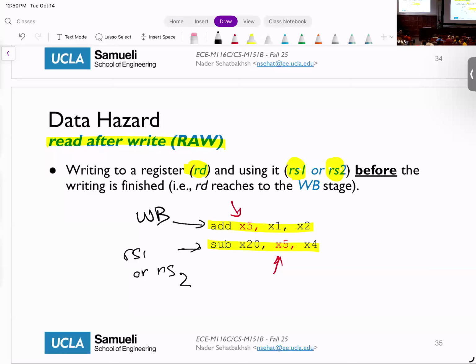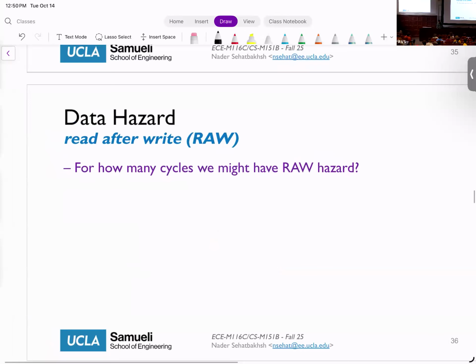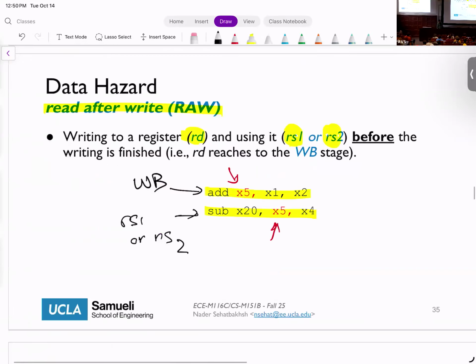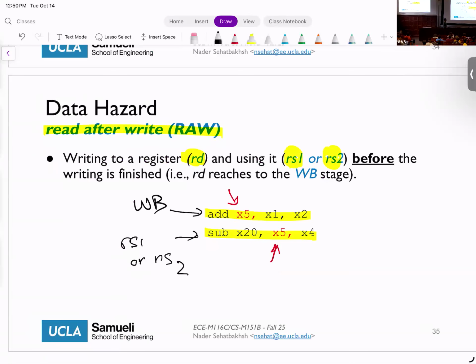Okay, there is also another possible hazard. But first of all, how many cycles do we need to wait? How many instructions do we have RAW data hazards for? If I have this add instruction here, and I delay the next instruction, how many cycles do I need to delay it until I no longer have the RAW data hazard? 2, right?